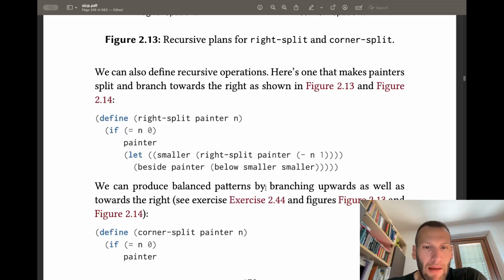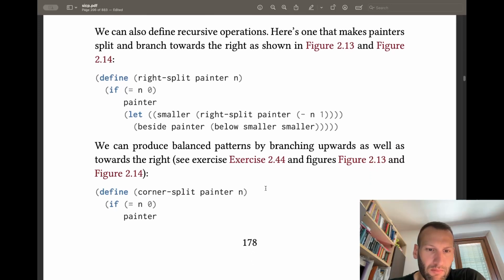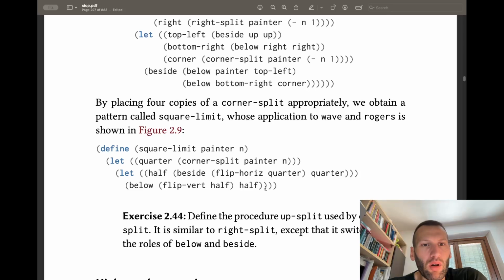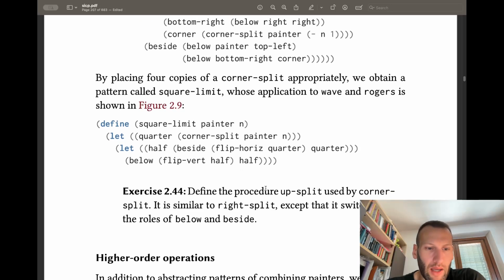We can produce balanced patterns by branching upwards as well as towards the right. Okay. By placing 4 copies of a corner split appropriately, we obtain a pattern called square limit, whose application to wave and Rogers is shown in figure 2.9, the one we saw before. Okay?